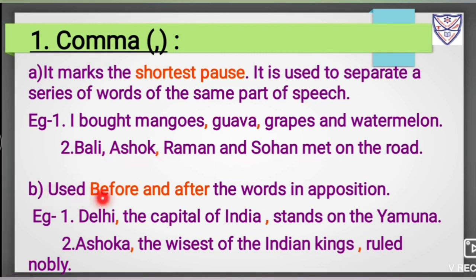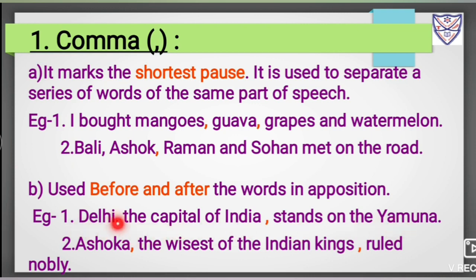Now B, used before and after the words in apposition. Now apposition means what? When we are talking about something in the sentence and which comes in the same part of speech. For example, Delhi, the capital of India, stands on the Yamuna. So over here we can say that we are talking about Delhi in this sentence.